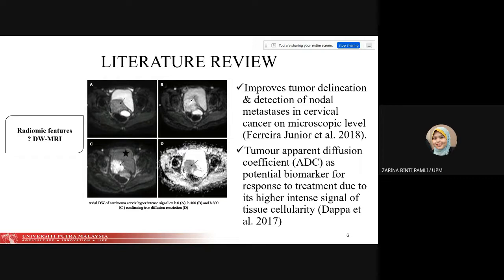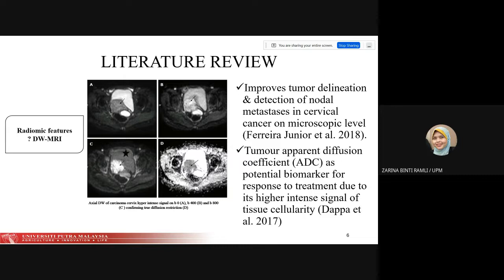So the tumor apparent diffusion coefficient, ADC, in the images of the DWI-MRI can be a potential biomarker for response to treatment due to its higher signal intensity of tissue cellularity, and is used in the development of individual regimens based on ADC parametrics.